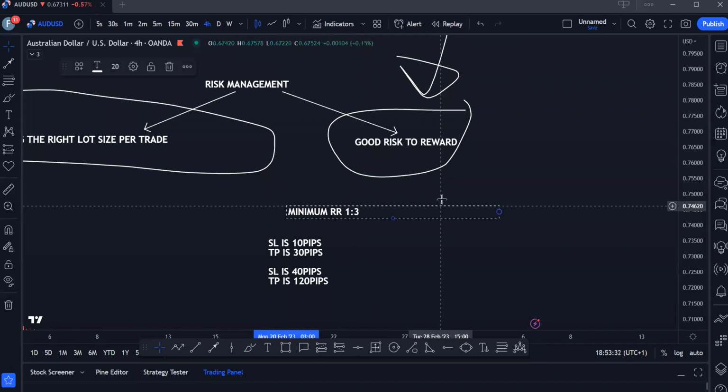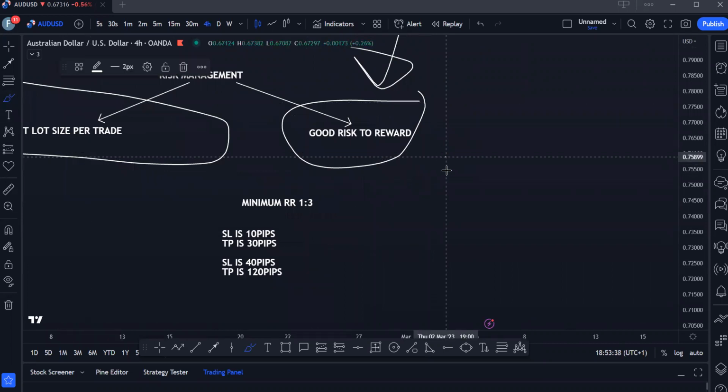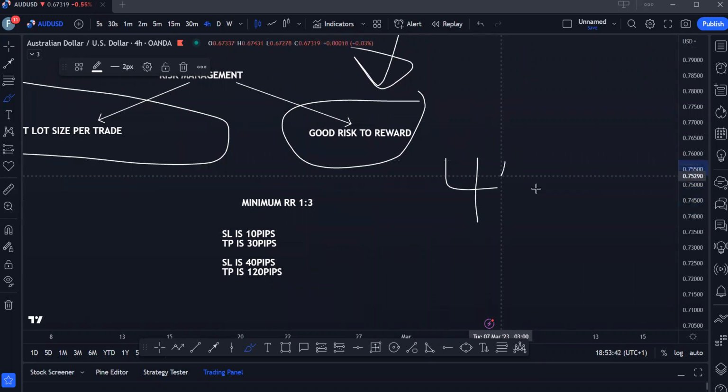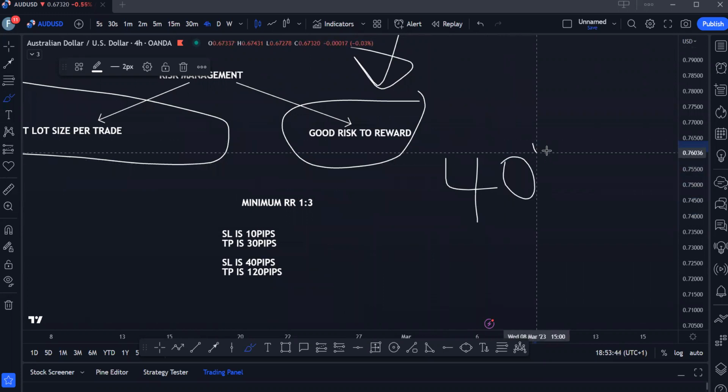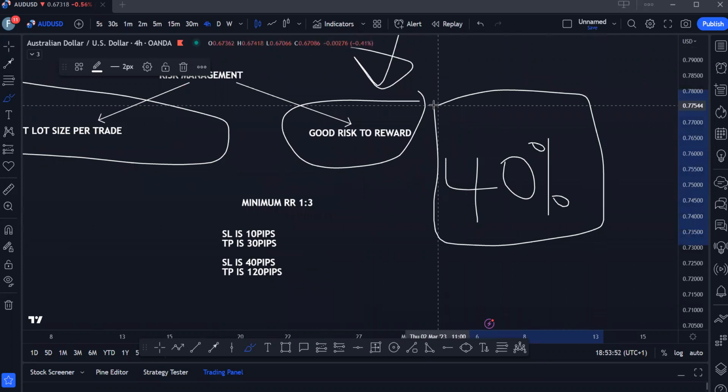Now, the reality out there for most traders is that the win rate is somewhere around 40%. And again, this is me being very generous because most traders lose money.